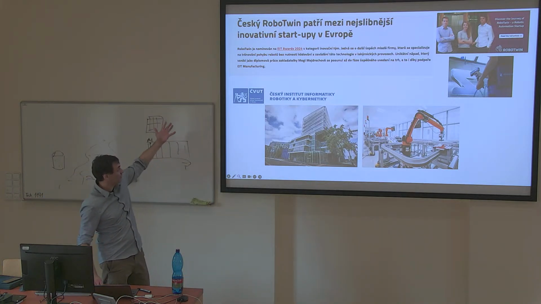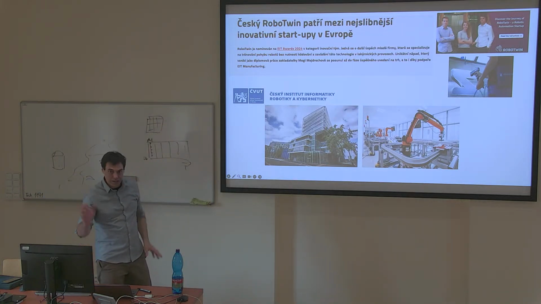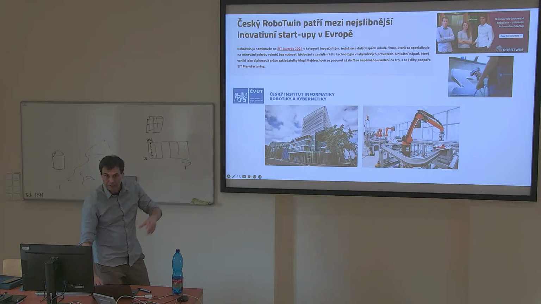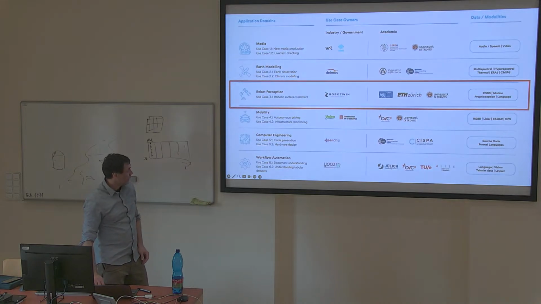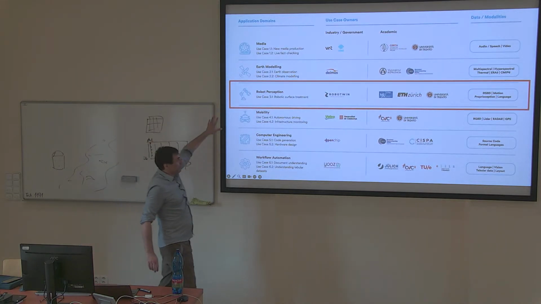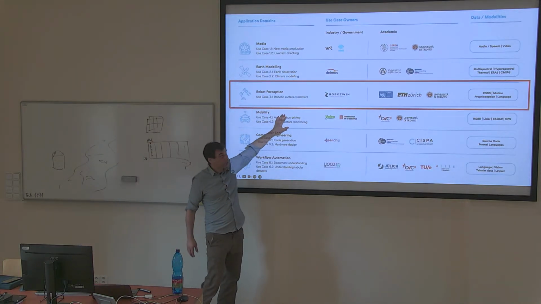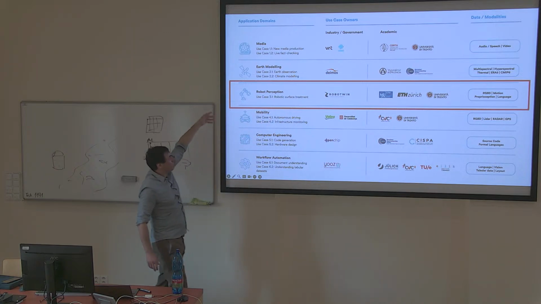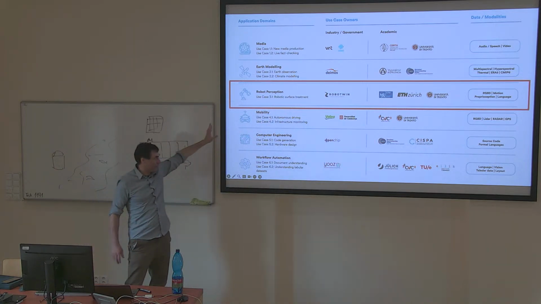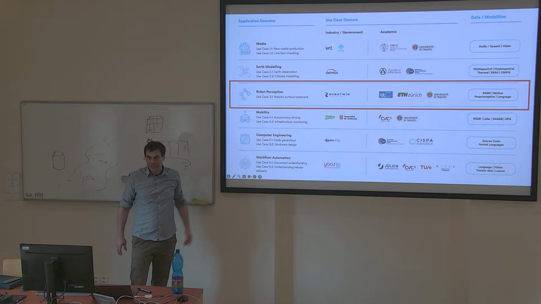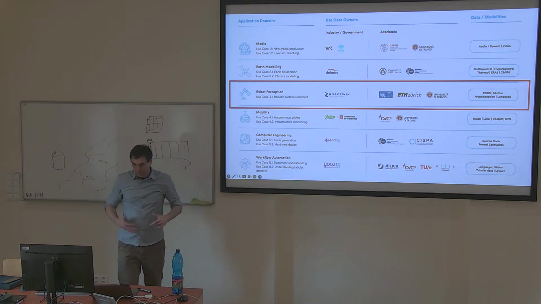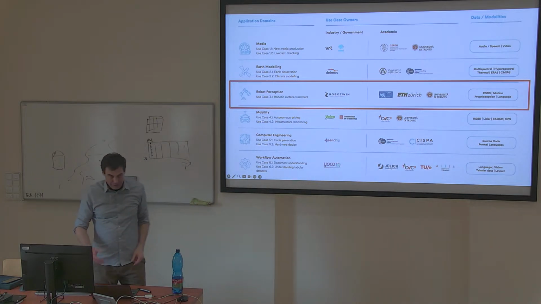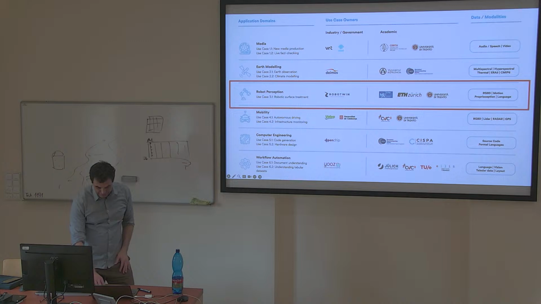We're going to work with the startup Robotwin, who is doing manufacturing, doing specific tasks like coating. Yeah. So, we'll see how that goes. But there are different tasks. We are doing the robot perception with Robotwin, but there are others, like Earth modeling, autonomous driving, and other things. Yeah. So it was a big call, I think only 2 projects got it, so we are excited what's going to happen.